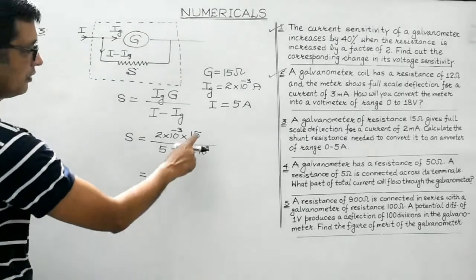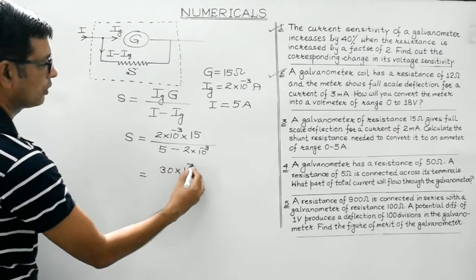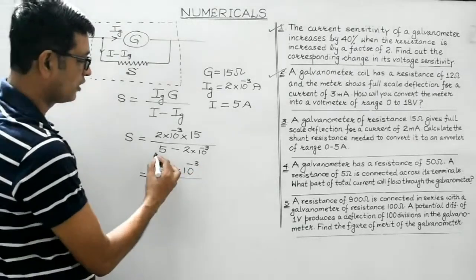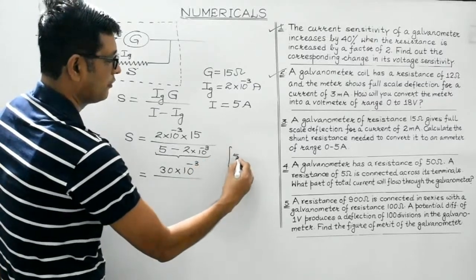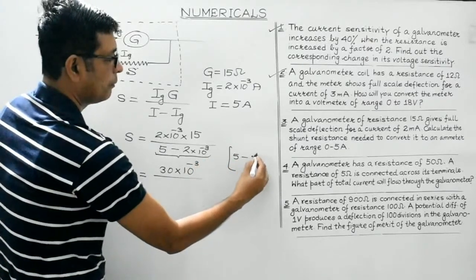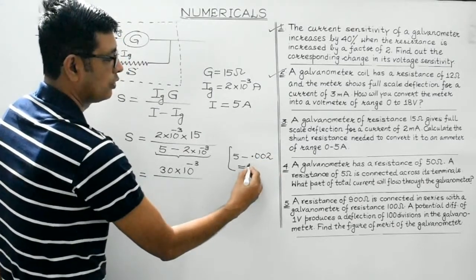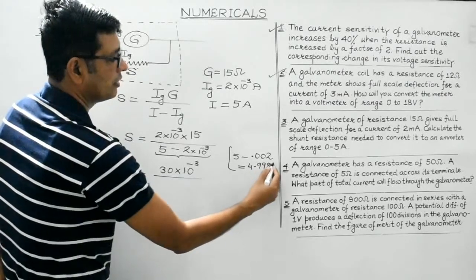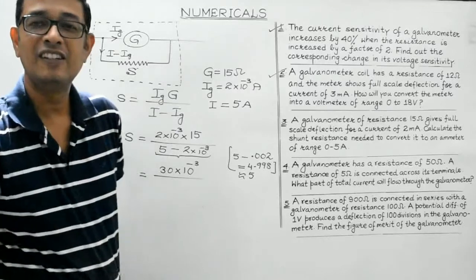So what you get is 15 into 2, that is 30 into 10 to the power minus 3 divided by. Now concentrate on this term, students. It is 5 minus 0.002. It would be equal to 4.998, isn't it? Which is approximately 5 only.